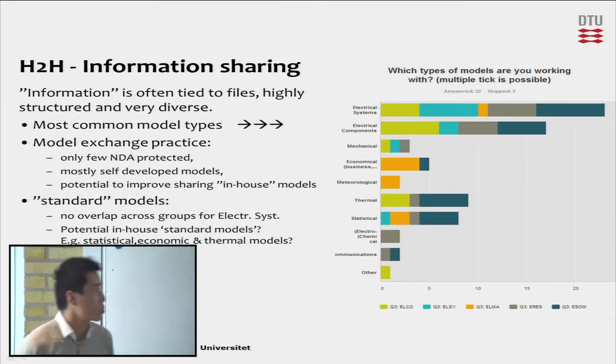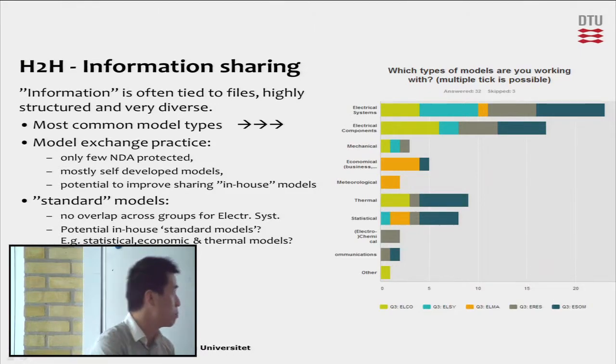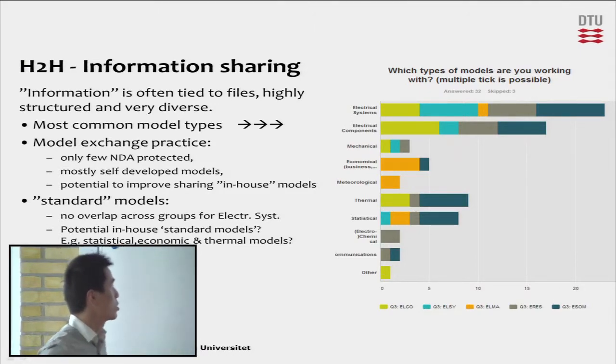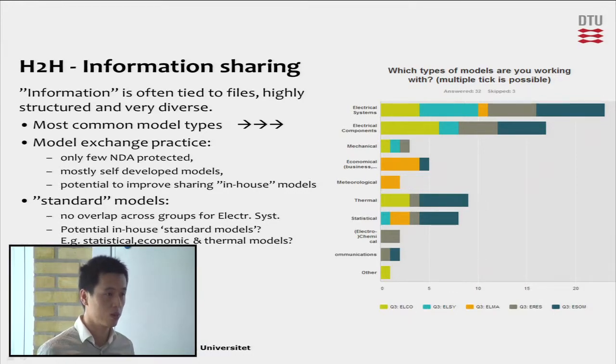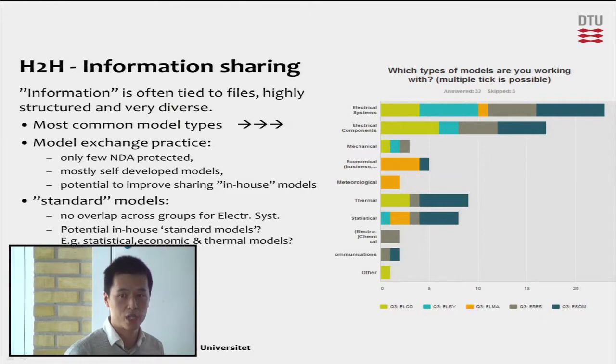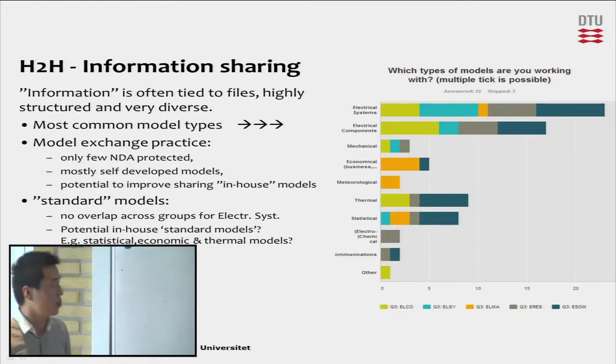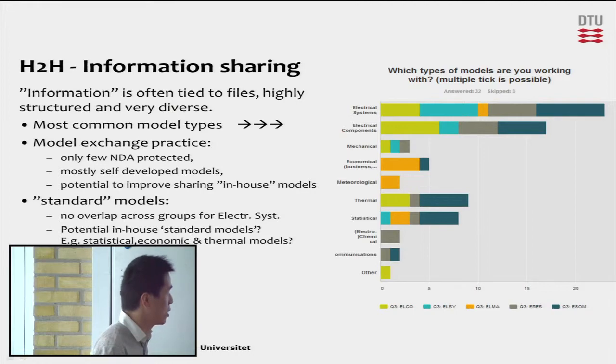Even for standard models, we found that basically there are only standard models for electrical system models. But even for these standard models, there's no overlap across the five groups, which means each group has its own standard models regarding the electrical power system model. I think there is potential to develop some in-house standard models, for example, for statistical, economic, and thermal models.